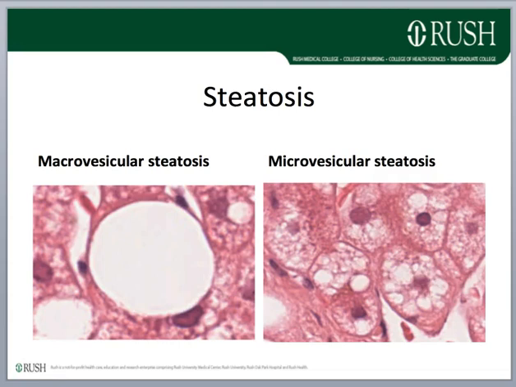Now the other major patterns of liver injury will be discussed in more detail in upcoming cases, particularly we'll talk a lot more about fibrosis and cirrhosis in the next presentation.